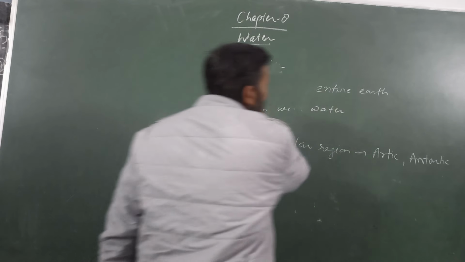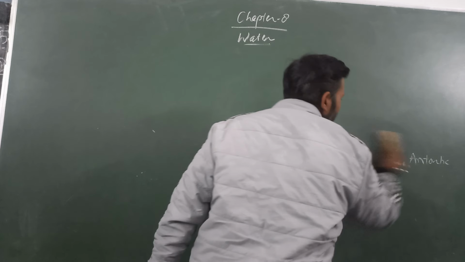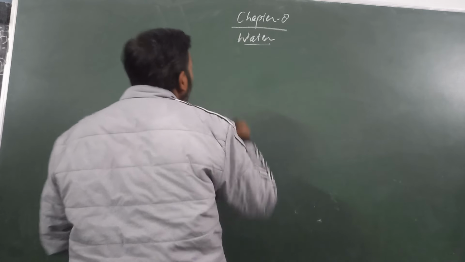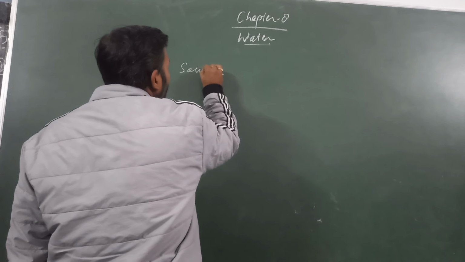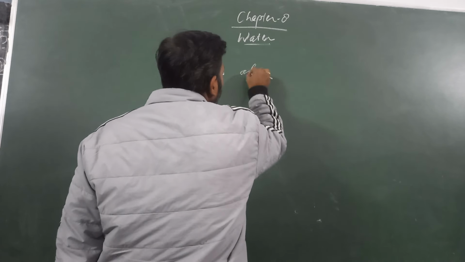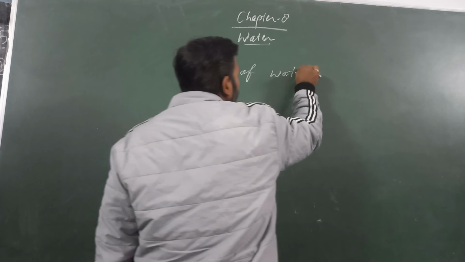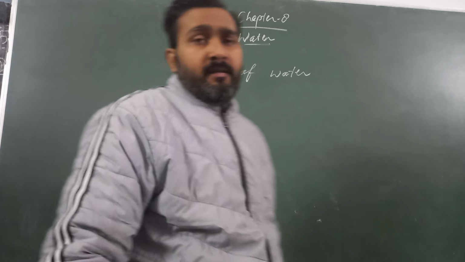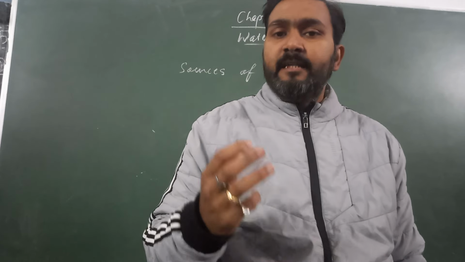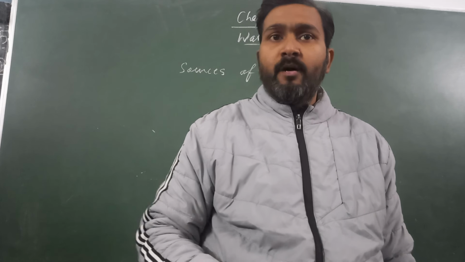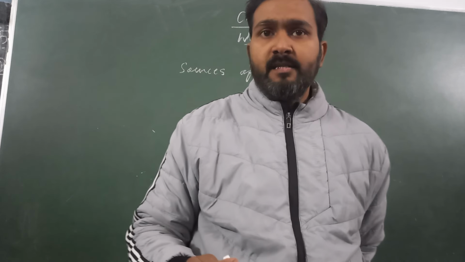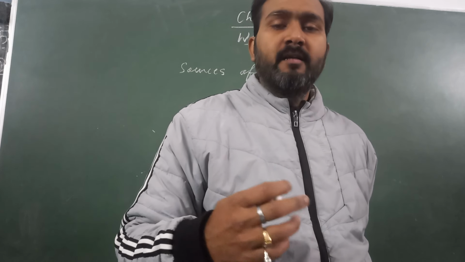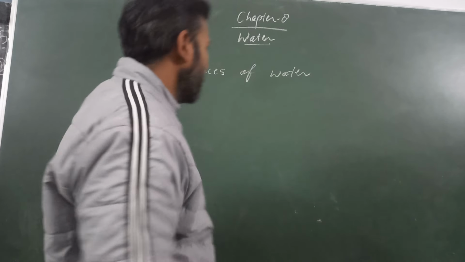The next topic is sources of water. There are mainly 3 sources of water. One is surface water, another is underground water, and the third one is above the surface water.